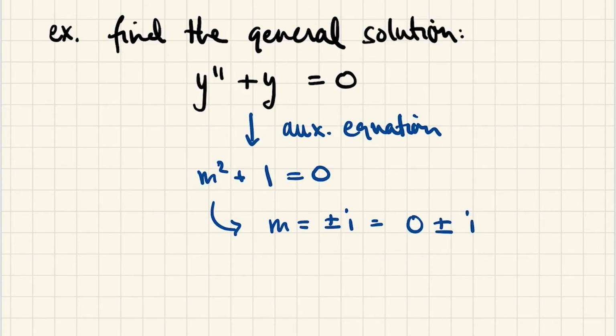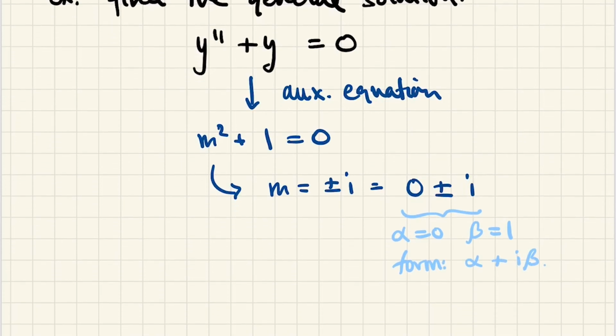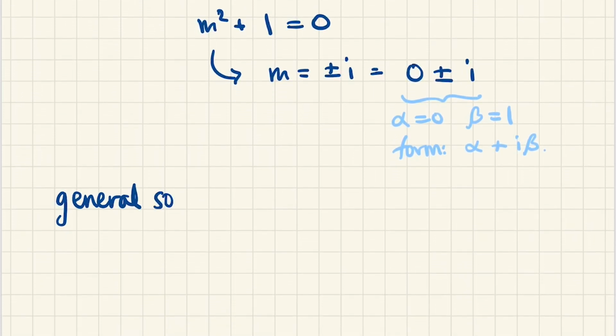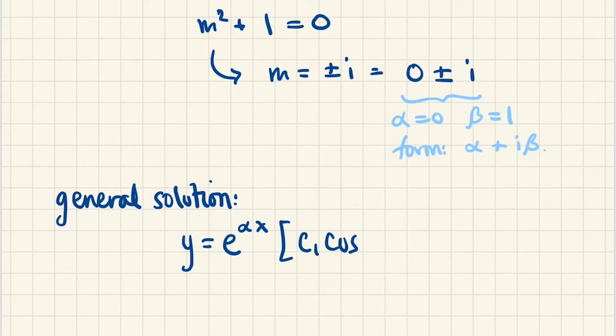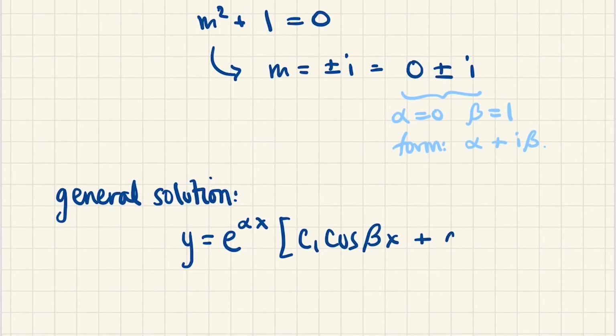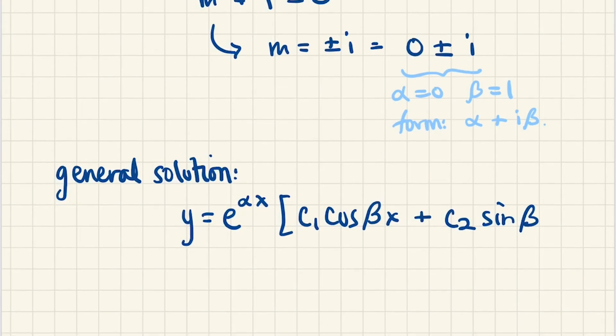So we have our two conjugate solutions. So this is like alpha equaling 0 and beta equaling 1 in the form of alpha plus i times beta. So this means that the general solution is y equals e to the alpha x times c1 cosine of beta x plus c2 sine of beta x.